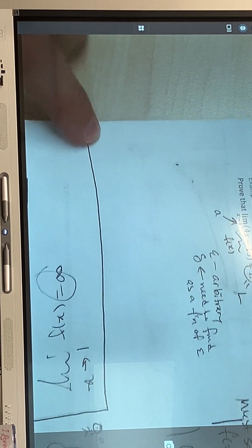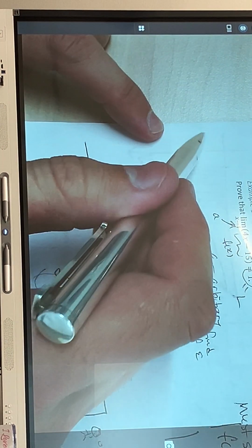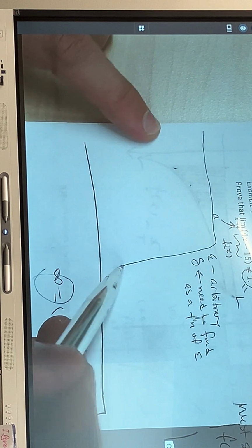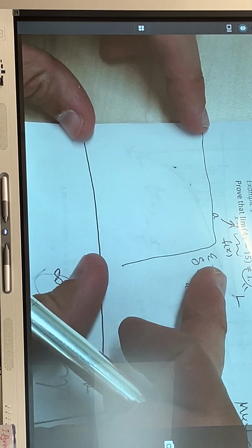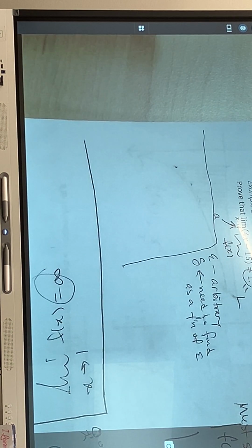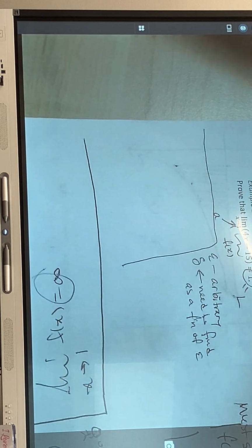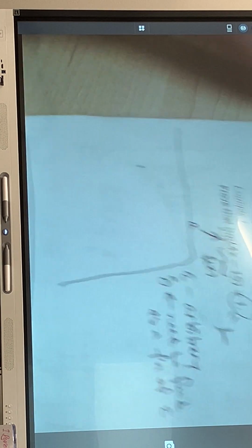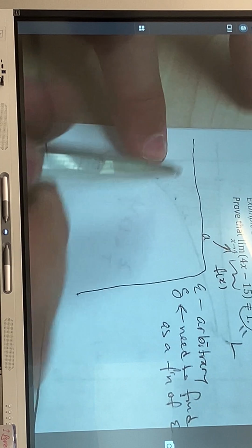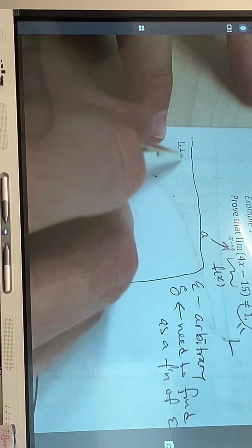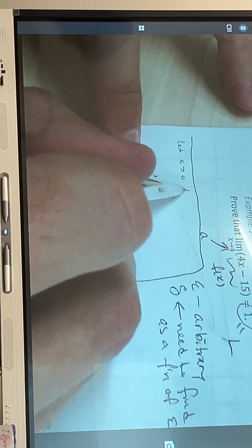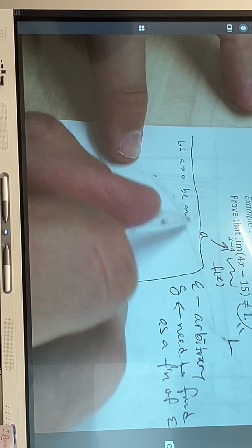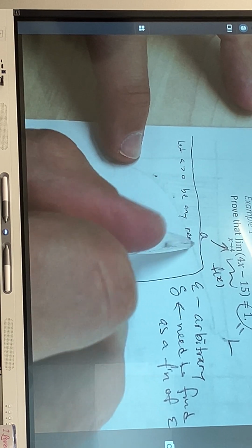We can write the proof right here. It's going to be little. I'm way zoomed in. This piece on my page is like a 2 inch by 2 inch thing, but it will fit. Okay, so we will let epsilon greater than 0 be any number, or any real number if you like.